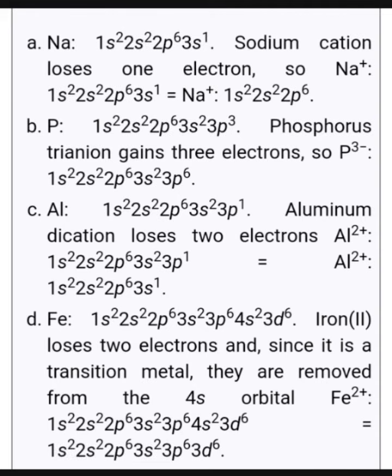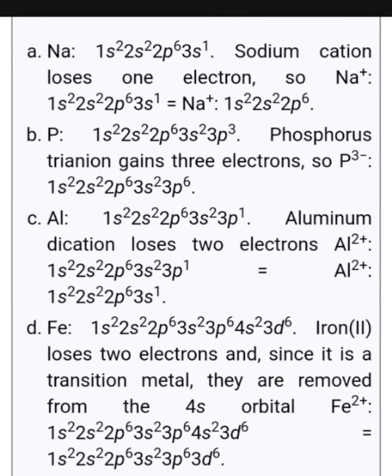If it loses electrons, it's going to take a positive sign. Take note of that. Then for the phosphorus ion, which is P3 minus, we add 3 to the neutral phosphorus we have, which gives us 1s2, 2s2, 2p6, 3s2, 3p6.